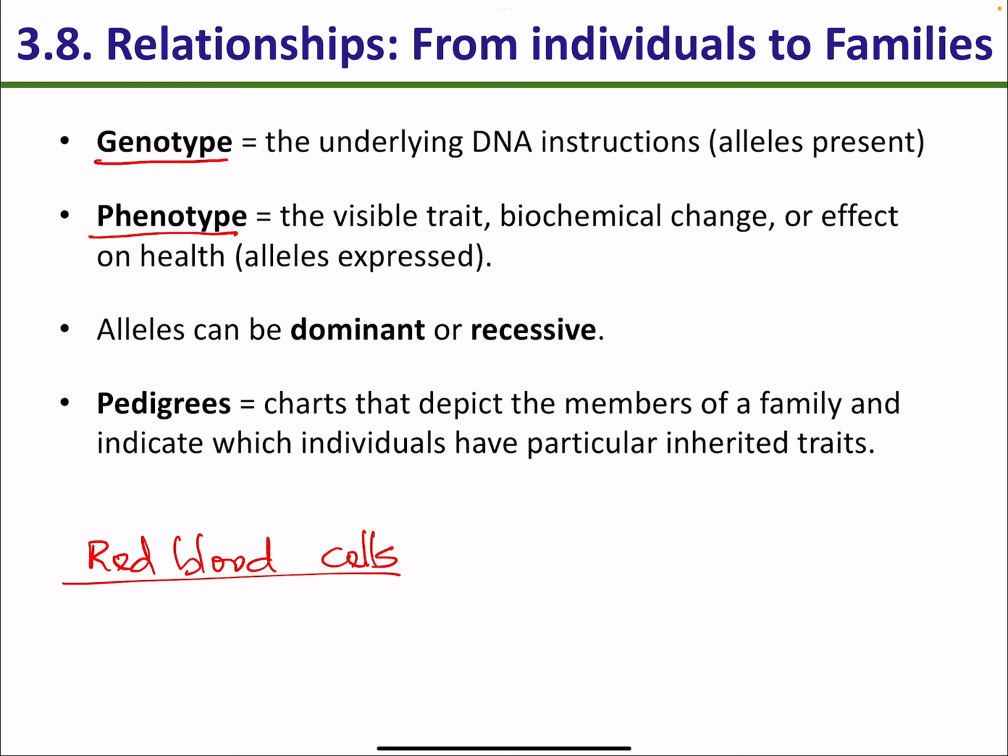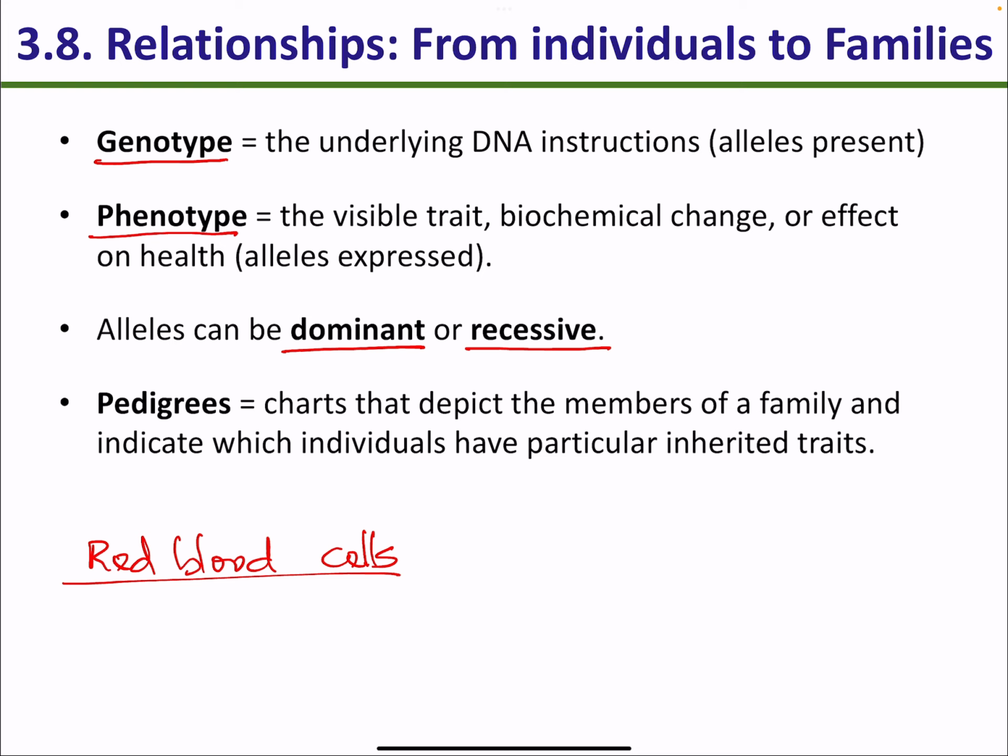Now, because alleles occur in variant forms, we notice that some alleles are dominant while others are recessive. Alleles that are dominant are always expressed when they are in a genotype. You are going to have some individuals that have two dominant alleles, where they receive one from mom and one from dad.